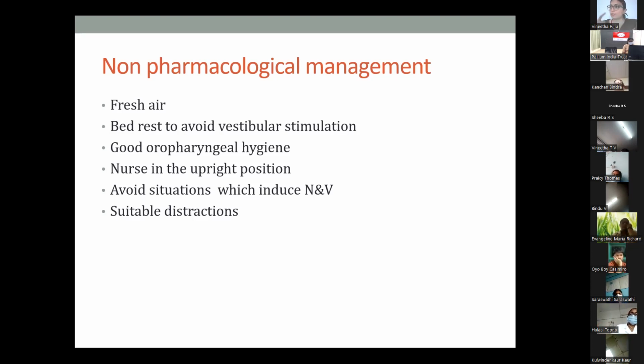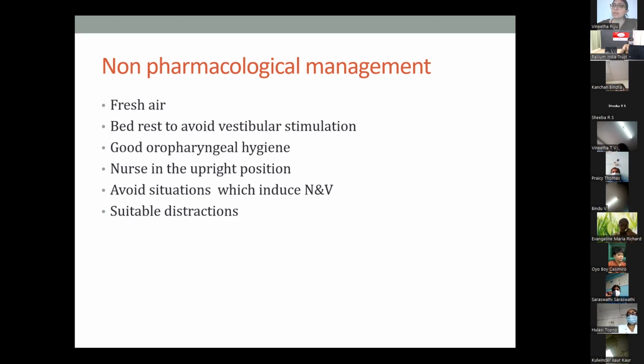If it is more of oral thrush or halitosis, mucositis kind of issues, give good oropharyngeal hygiene. Nurse the patient in upright position. This is basically so that you can avoid any aspiration, and also it helps to bring down regurgitation.